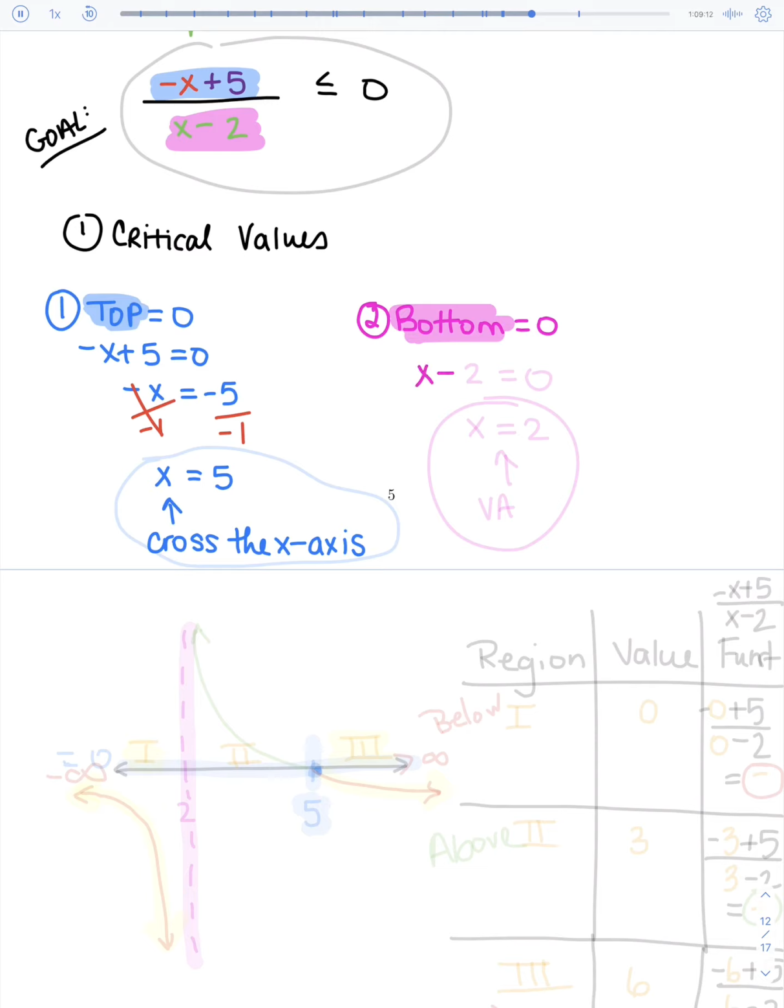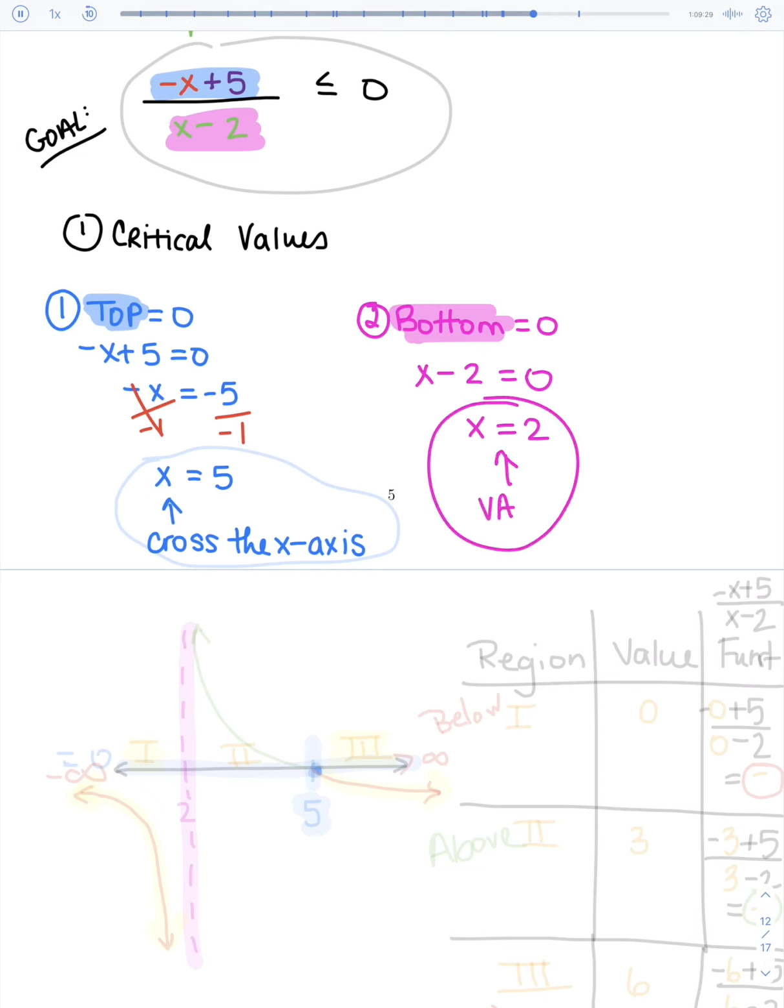So when does x minus 2 equal 0? You'll add 2 to both sides and you'll get x equals 2. And remember, this is what makes our function undefined, our denominator 0. You can't divide by 0, so this is when you have your vertical asymptote. So we've got a vertical asymptote, and we've got a value where we're going to cross the x-axis.